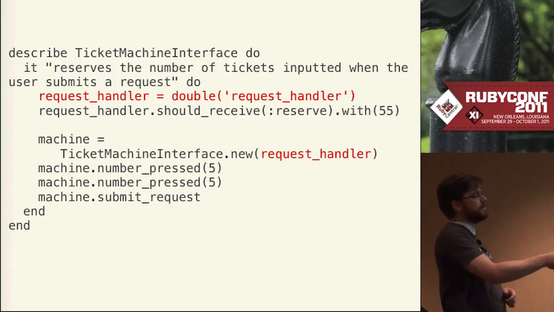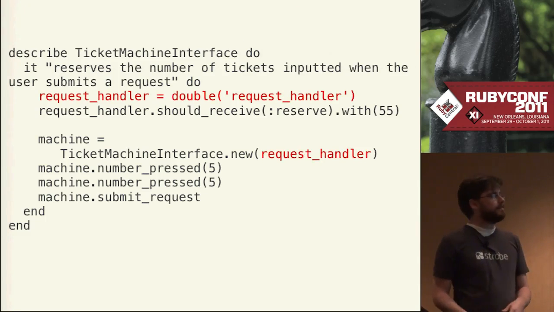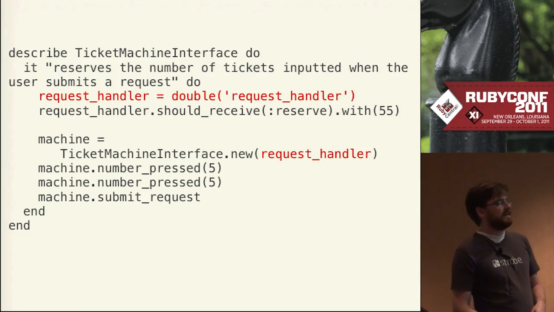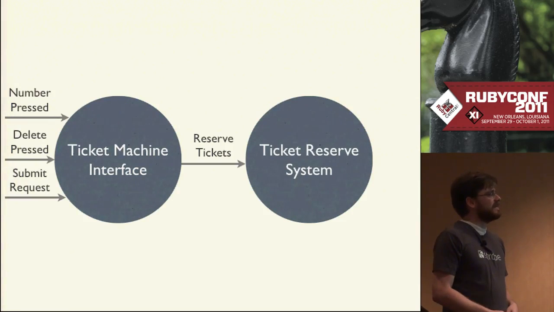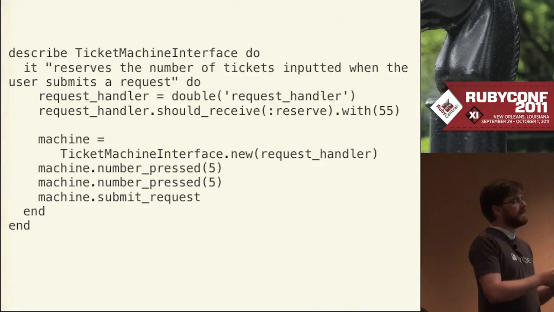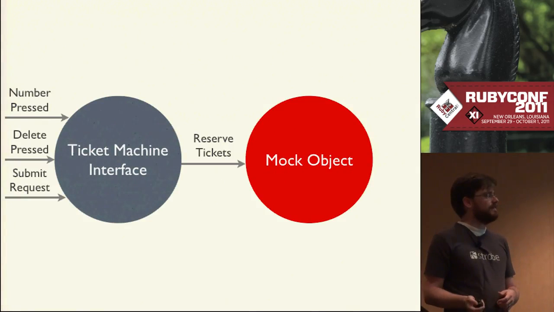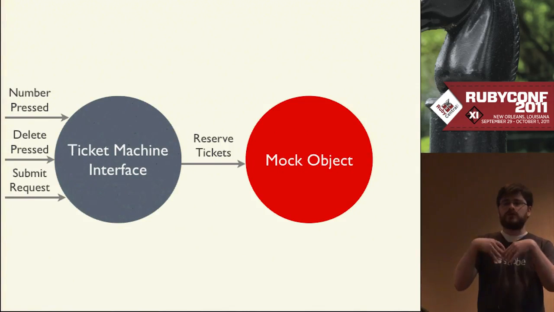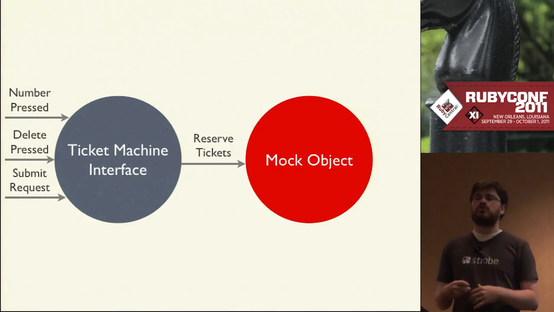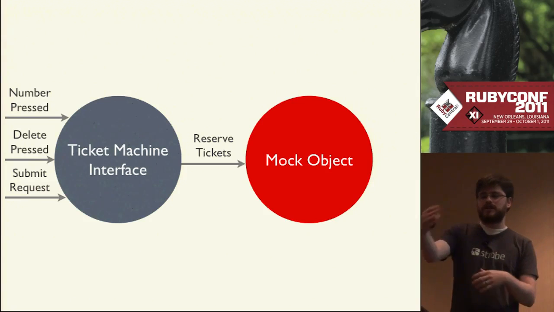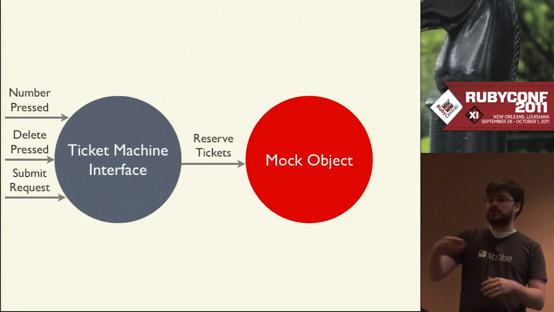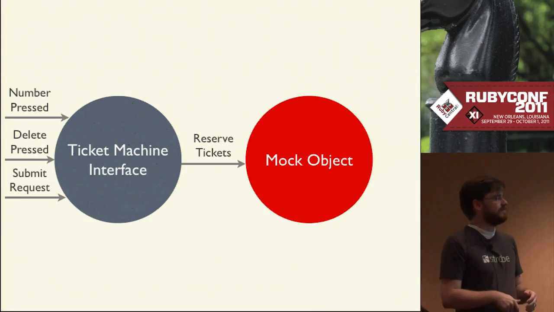And you see I'm passing that request handler in the place of that ticket reserve system. I'm replacing it with a mock object, a fake. And the responsibility of this mock object is to record every message that is sent to the object so that I can then assert on those messages that were sent.